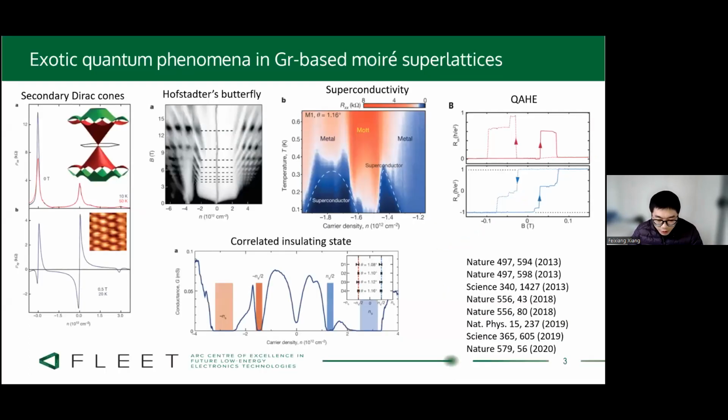So during the advance in fabrication, graphene moiré superlattices offer a great opportunity to engineer band structures of graphene, and many exotic quantum phenomena have been observed in graphene after the band engineering, such as secondary Dirac cones and Hofstadter butterfly, and also the correlated insulating states and superconductivity, even the quantum anomalous Hall effect.